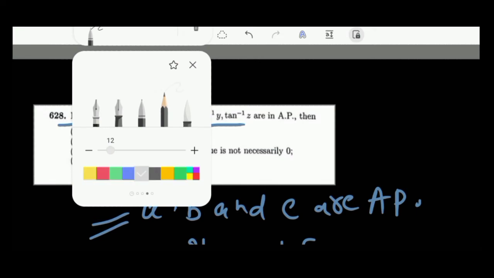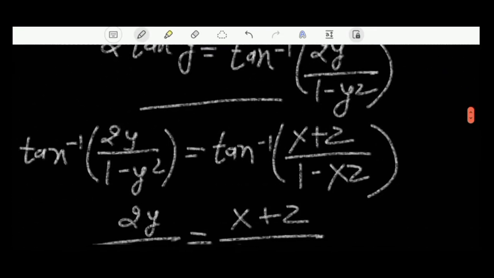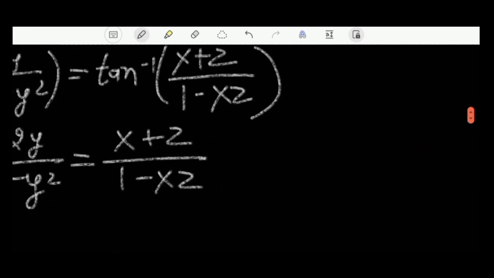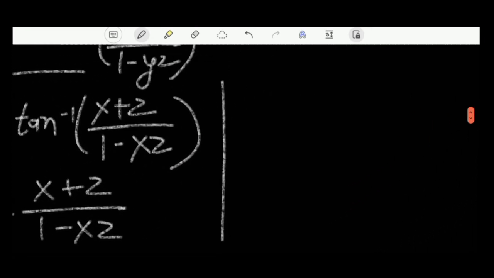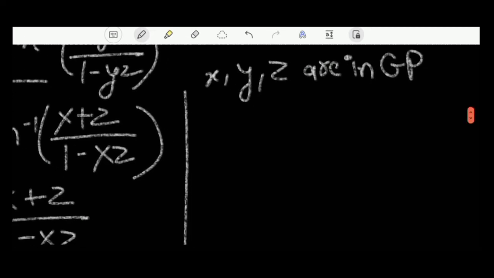So we have to use this information. What we can say is that y square is equal to x into z.